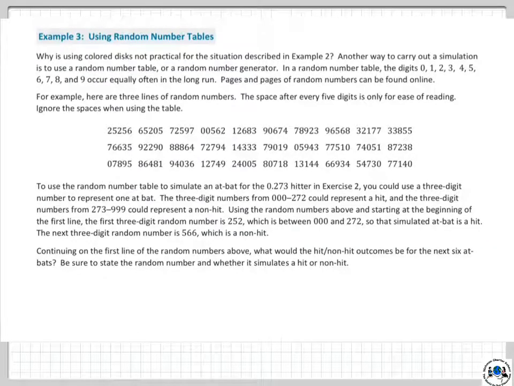Okay, so here we go. Example 3 is using random number tables. This is very interesting. I'm not sure what they're talking about here, but there are computer programs that are random number generators, used by investigators or people trying to pick a population of people to survey, test, or ask questions of.